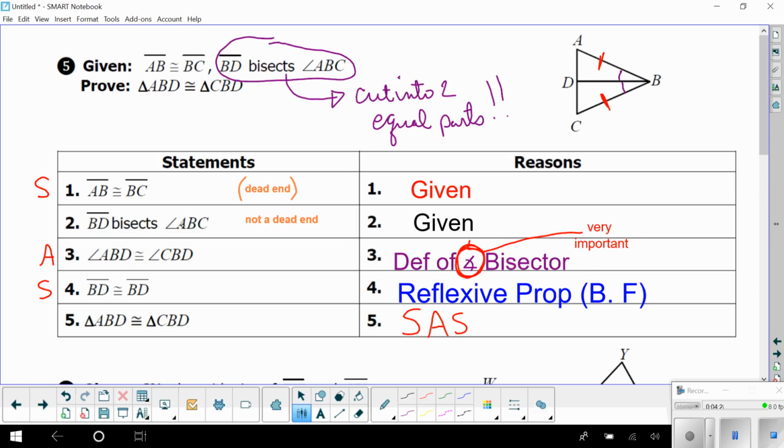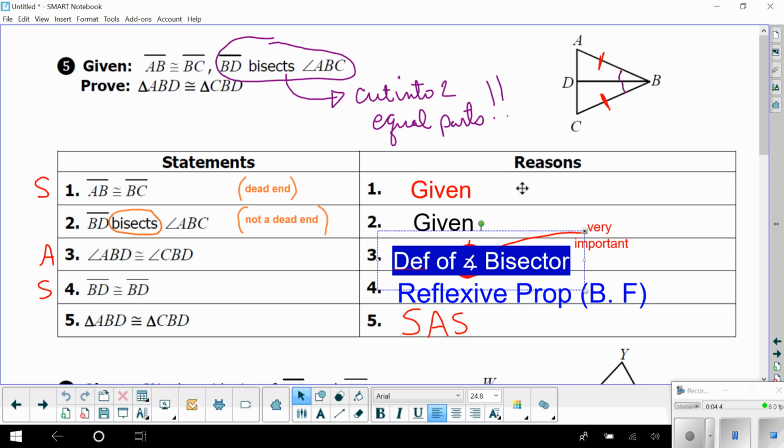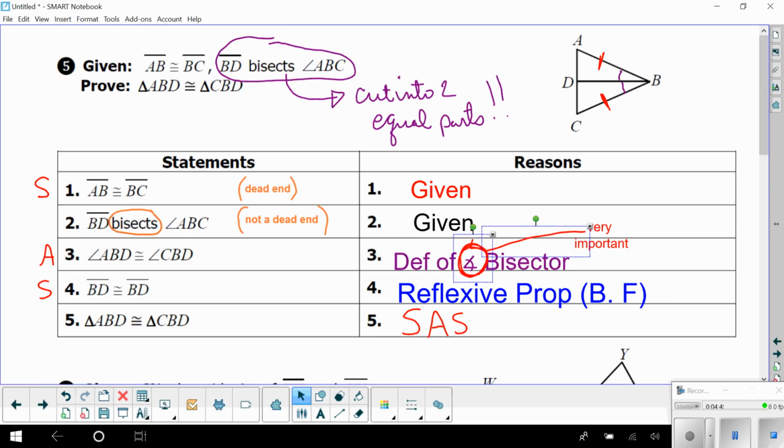And then this is your other given. It's not a dead end because of that word right there, bisects. How do we get the next statement? Definition of angle bisector. This right here, this angle bisector, is very, very important.